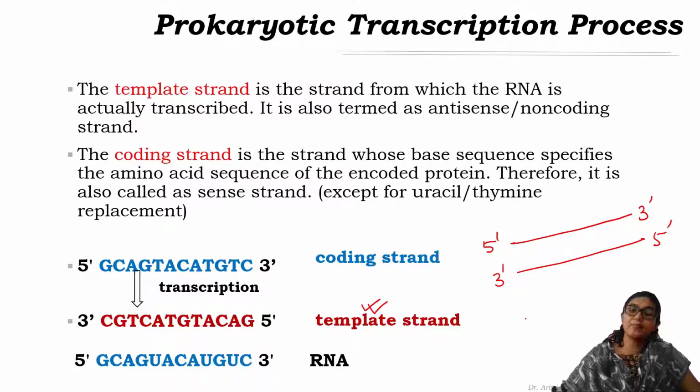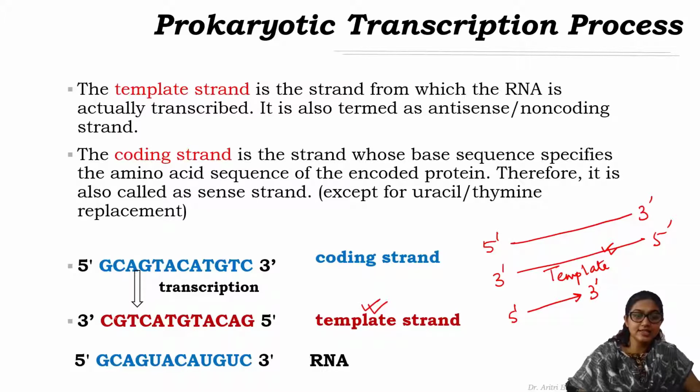And from this template strand, RNA is actually synthesized in the 5' to 3' direction. Now you can see this 3' to 5' strand is the template strand. So basically the complementary nucleotides are attached in the RNA from the template strand.